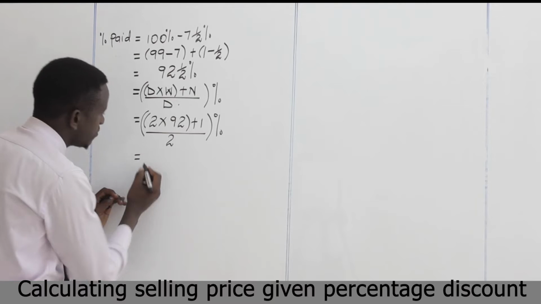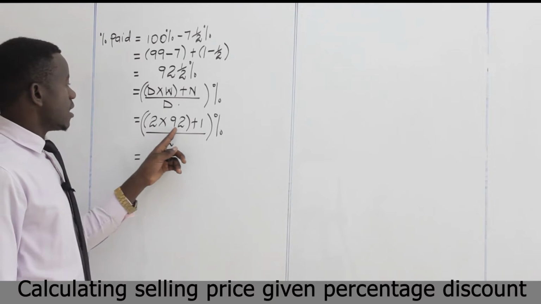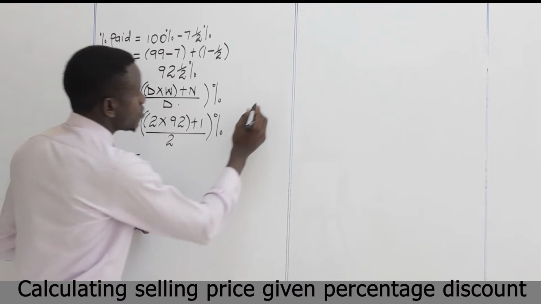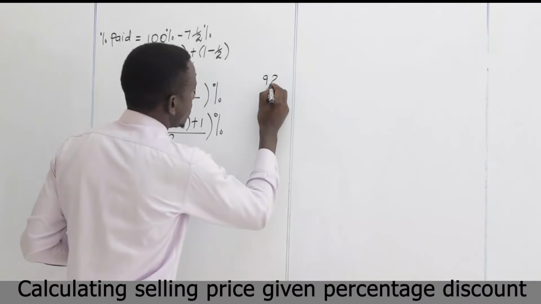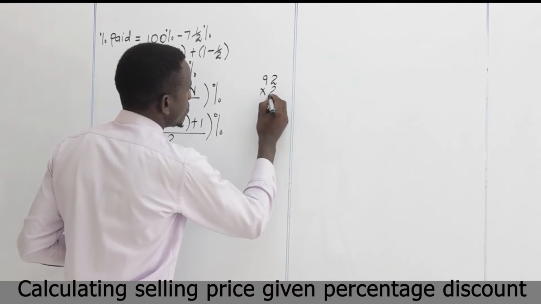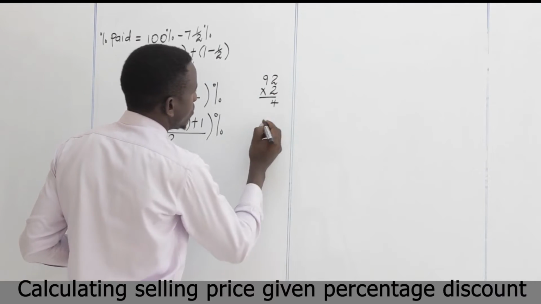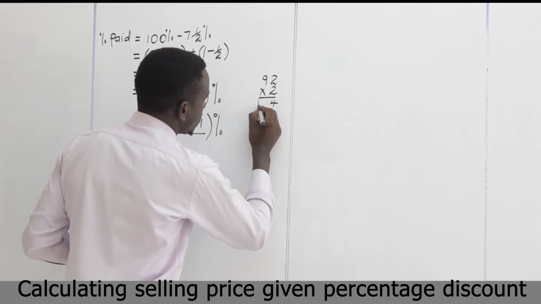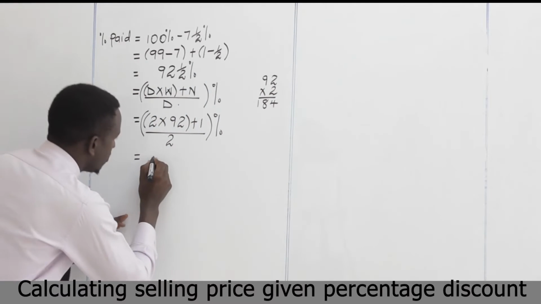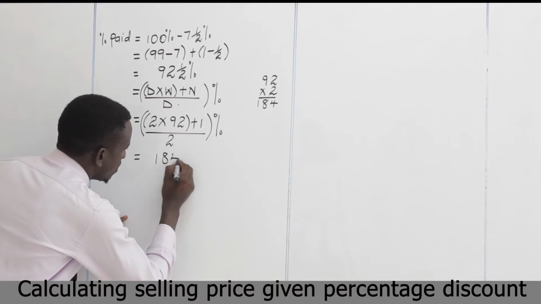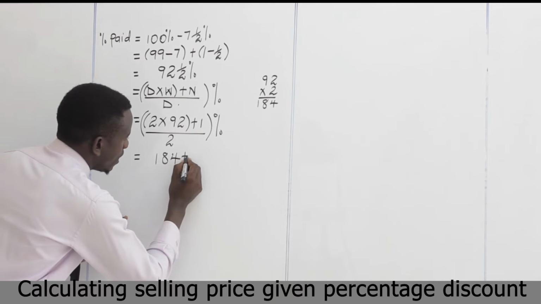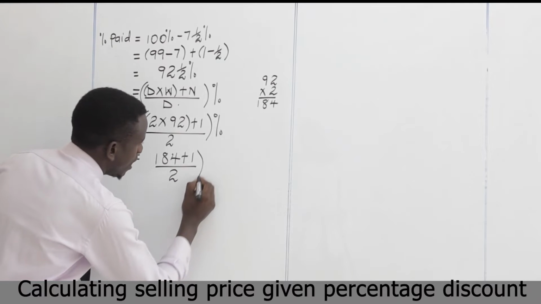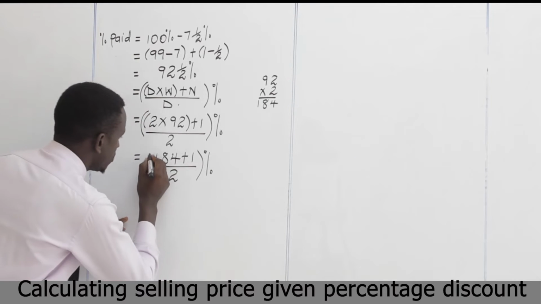So we shall have 2 times 92, then plus 1. So 92 times 2: 2 times 2 is 4, then 2 times 9 is 18. So we shall have 184 plus 1 out of 2 as a percentage.